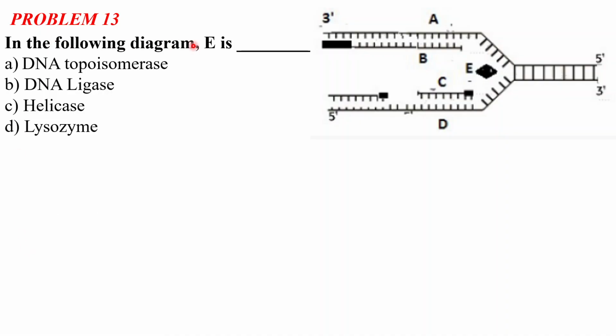Problem number E says, in the following diagram, E is what? This is the E. You have to identify. E denotes which enzyme? Your options are A, DNA polymerase, B, DNA ligase, C, helicase, D, lysozyme. I will wait for a minute or two, then I will discuss it. Let me know till then which of the following will be the correct answer.